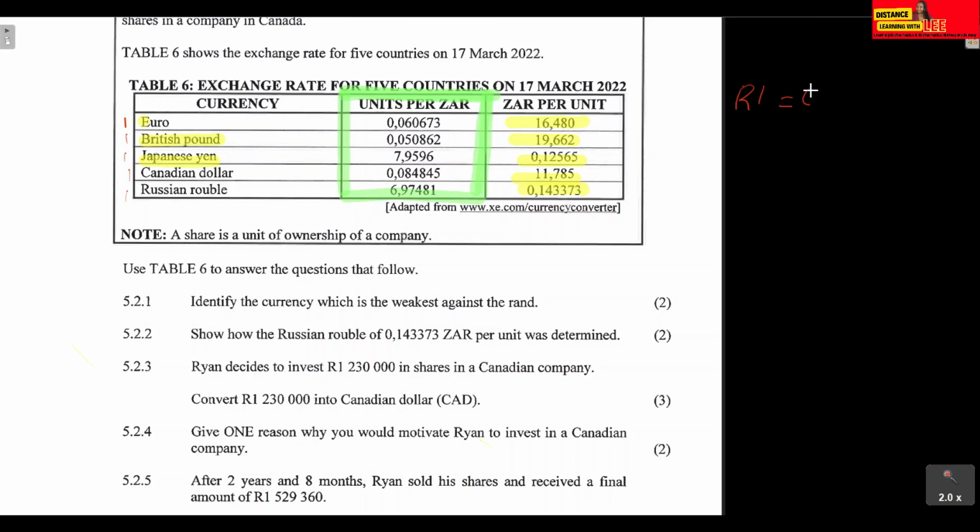You will just get 0.060673 euros. For 1 rand, how many British pounds will you get? You will get 0.050862 British pounds. So the ZAR per unit tells you how many rands you will need for 1 unit of each of these currencies, and the units per ZAR tells you how many units you'll get from all of these currencies if you just have 1 rand.